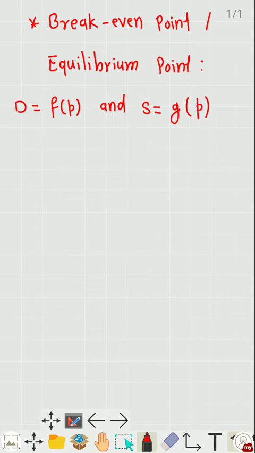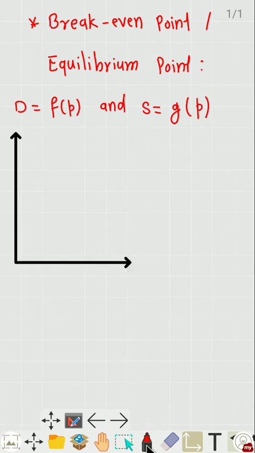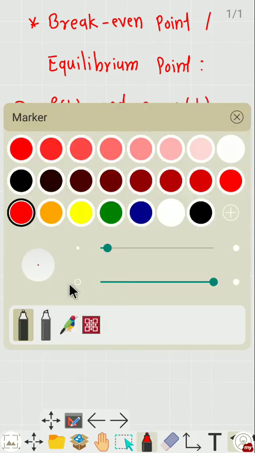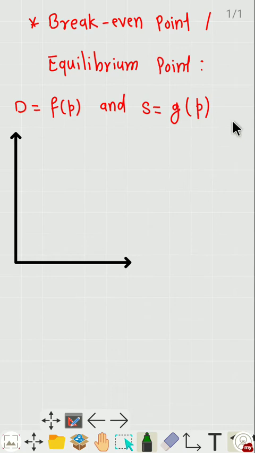We draw the graphs of these two functions. We know the graph of the demand function is like this: D equal to f of p.